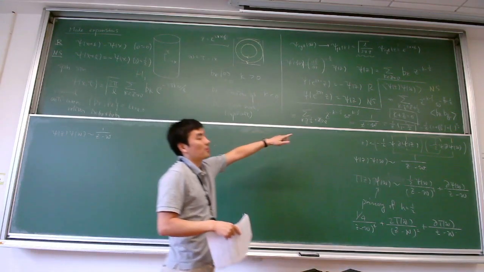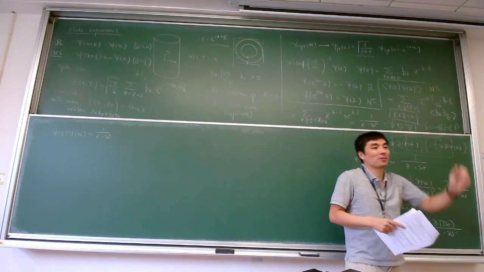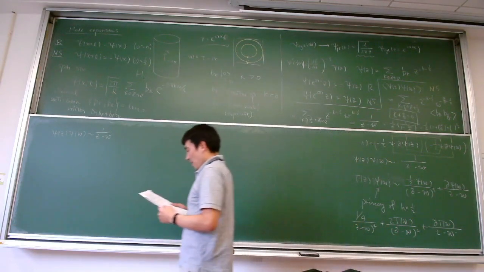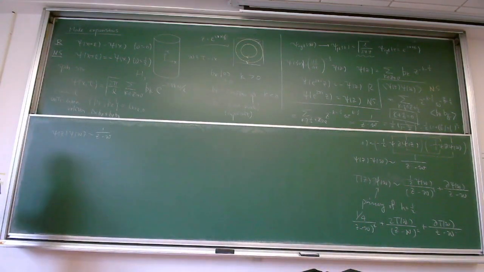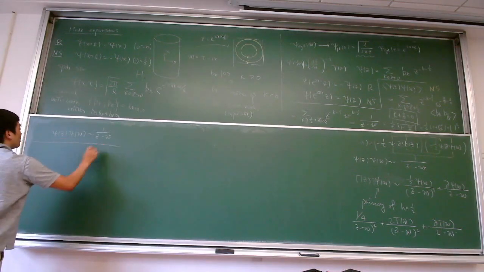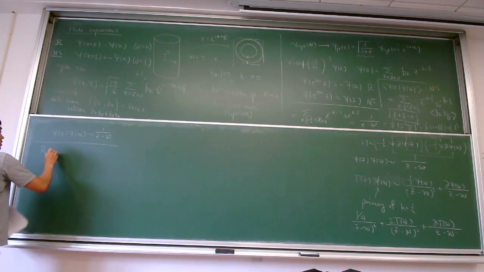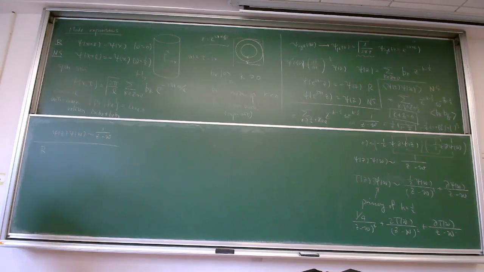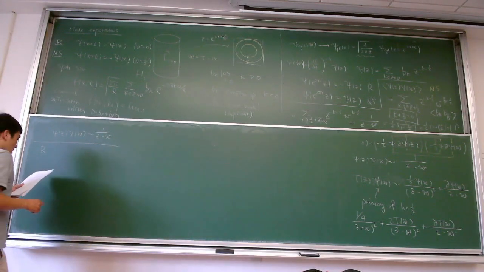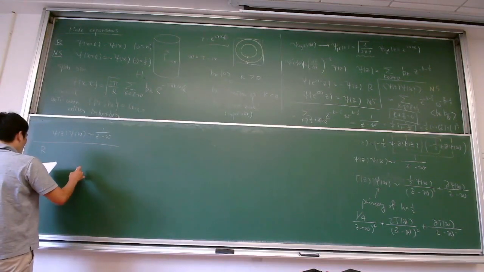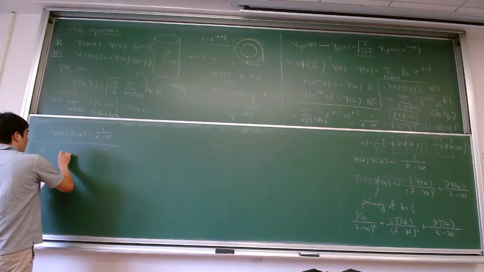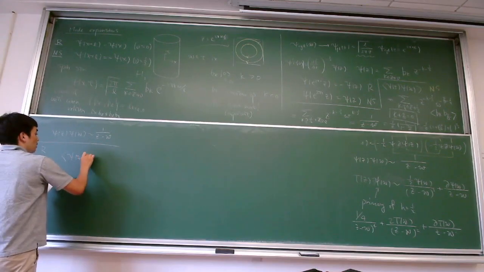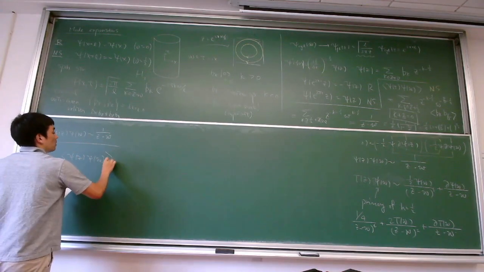So therefore, the two-point function is 1 over z minus w, which can be guessed from the OPE. But the Ramond sector is a different situation, slightly different. You have to do the same computation. It's just over there.